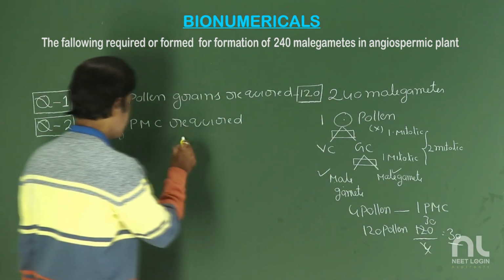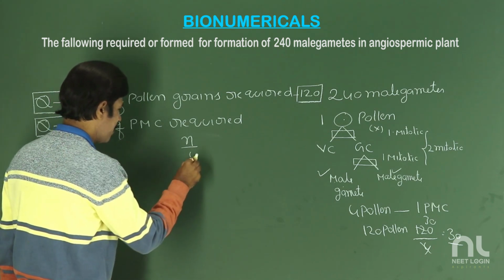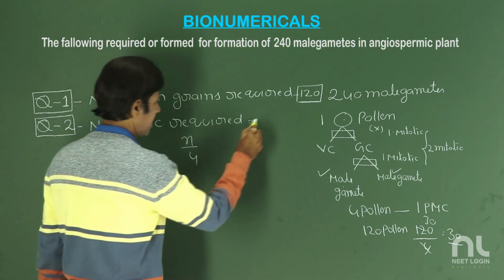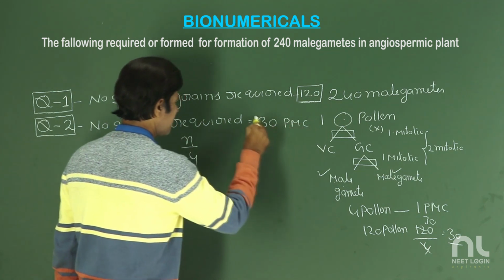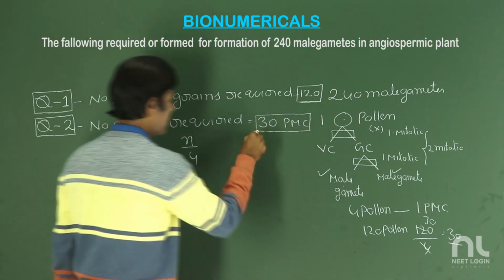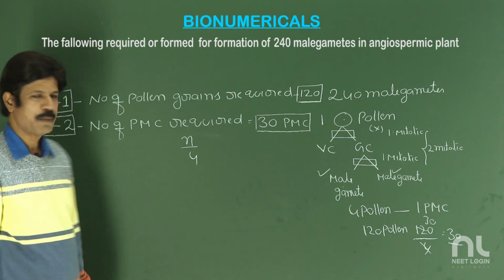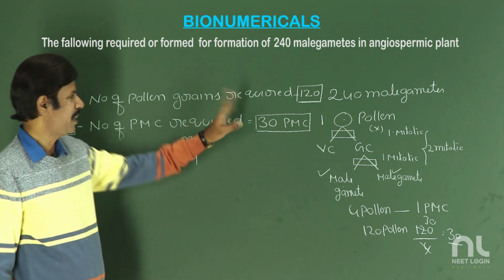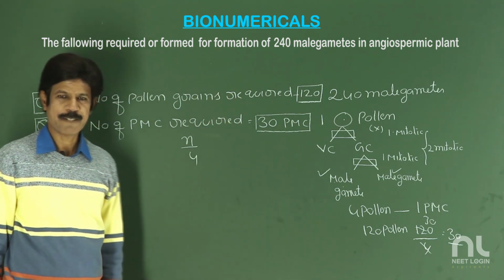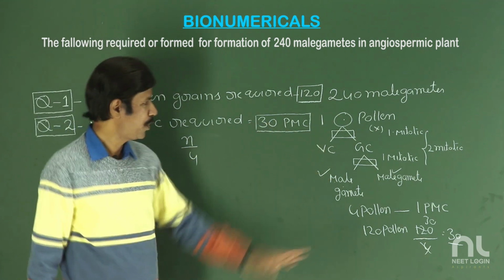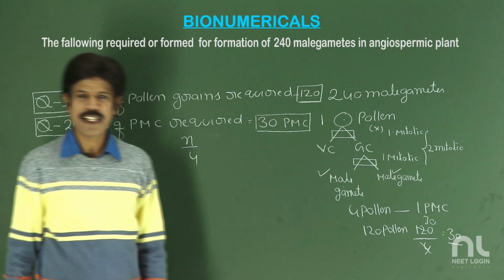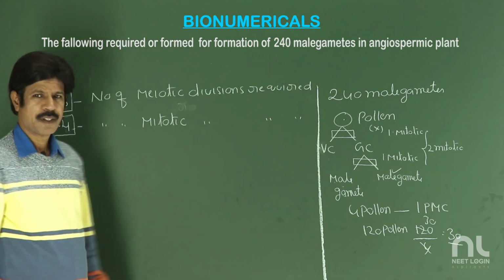That is, the principle is n by 4. 30 pollen mother cells are required. So 30 pollen mother cells give 120 pollen grains, and 120 pollen grains give 240 male gametes.